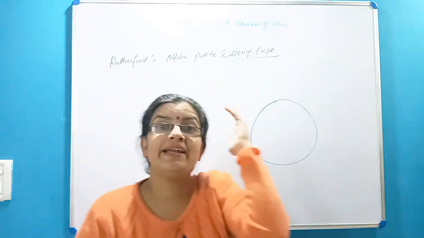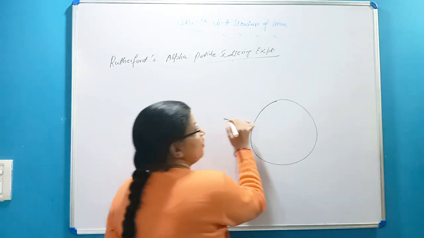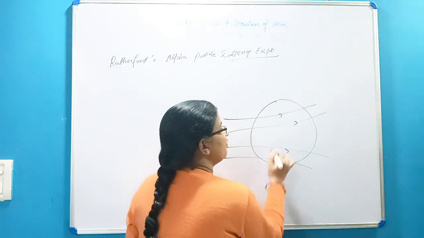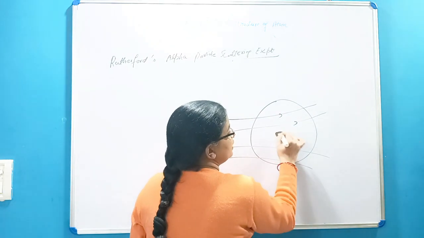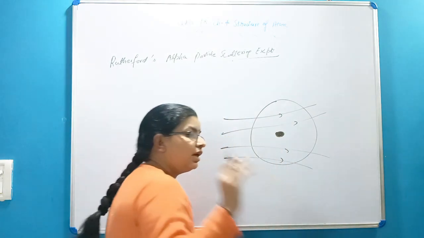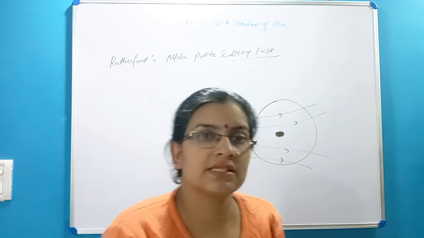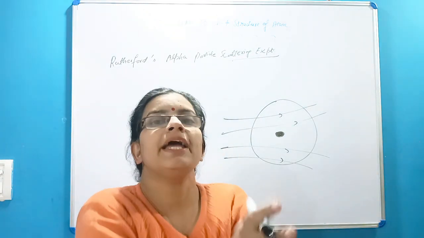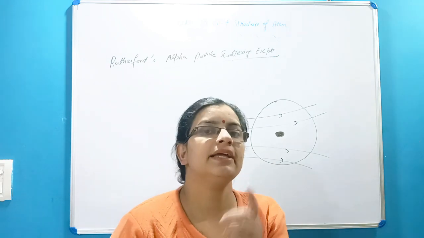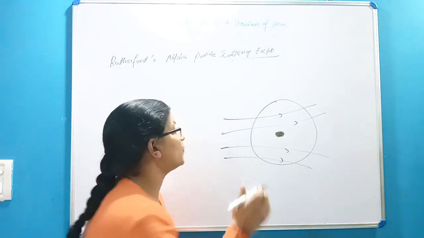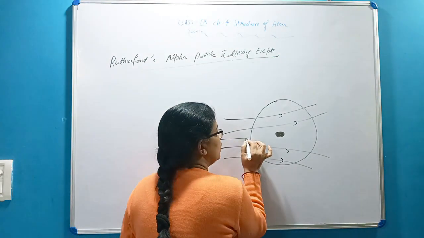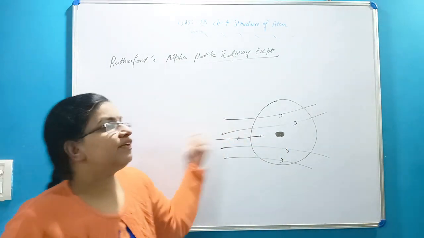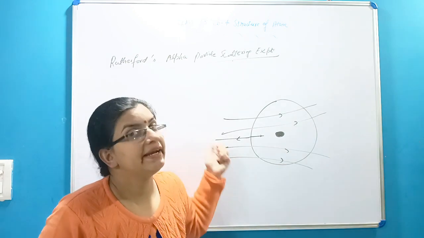A very few alpha particles deviated from their path and were deflected by acute angles. And the third thing, he observed that 1 out of 12,000 alpha particles retraced its path, bouncing back.